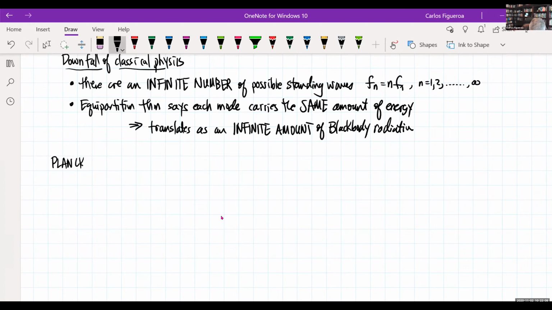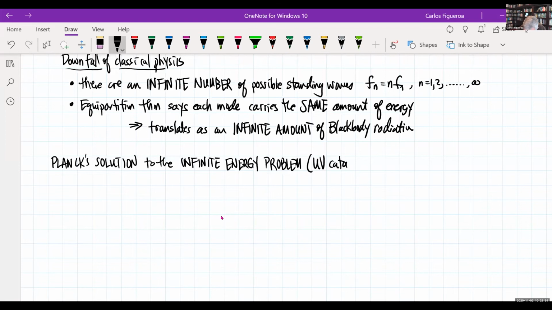So now along comes Planck. This is Planck's solution to the infinite energy problem. But what does everybody else call it? The ultraviolet catastrophe.